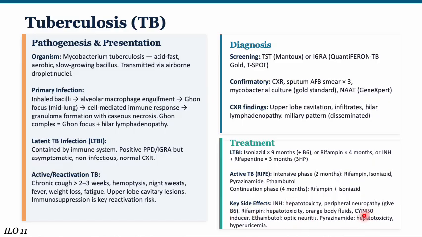It can also affect the CYP450, so it can affect how well your other medications may actually work. The ethambutol can cause some optic neuritis, and the pyrazinamide can cause hepatotoxicity and hyperuricemia.